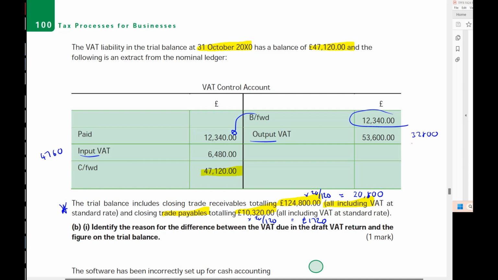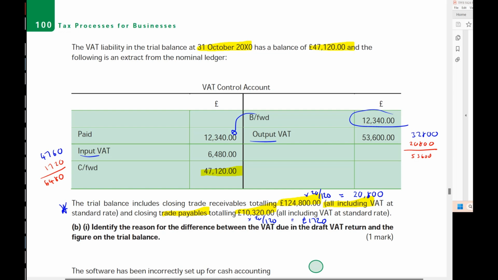Let's look. 20,800 of VAT in receivables would make the total output VAT 53,600, which would then agree. The VAT on the trade payables of 1,720, if I add that on, then it would give me the VAT in the VAT control of 6,480.